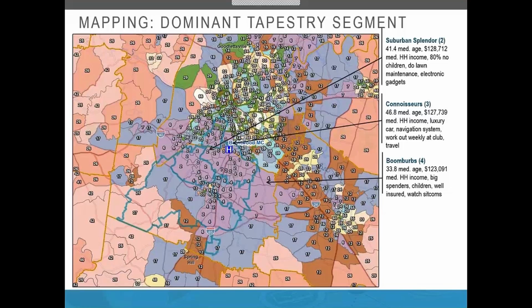So if you do a tapestry segment map by block group of your service area, you can start to pick out what are some of the segments that you would like to serve, or just what is in your service area first. Then you can drill down to which ones you want to serve. And they have cute names like Suburban Splendor, Boomburbs, and it tells you a little bit about them. But it really gives you more insight into your service area.